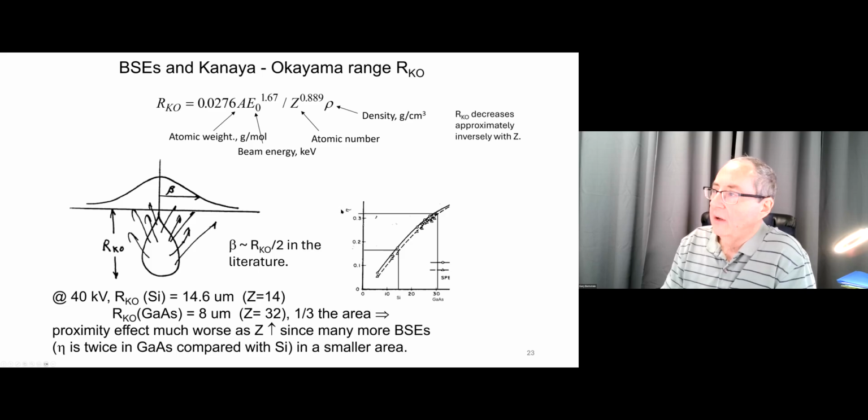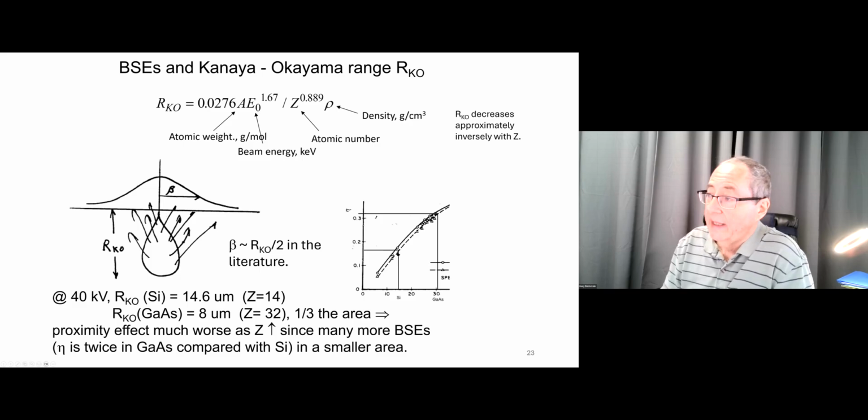Not only does where the electrons come out depend on 1 over Z. In other words, higher atomic number substrates cause the backscattered electrons to come out closer to your beam than the low atomic number substrates, which would be further from the beam.